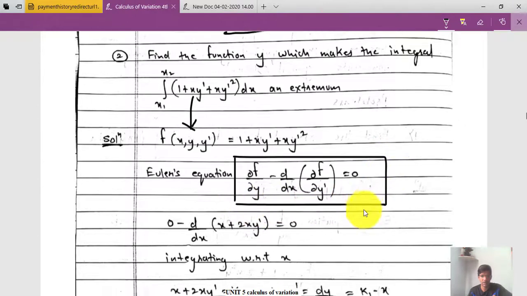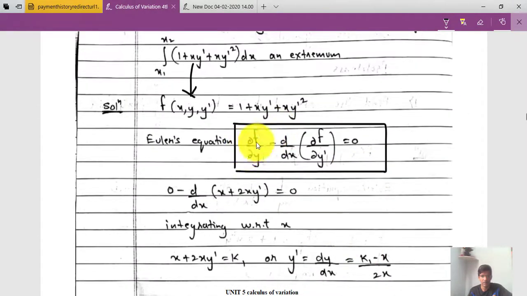Every now and then I am highlighting it. So let me see, it is independent of y, so there is no y term in it, so ∂f/∂y is equal to 0, minus d/dx of the differentiation with respect to y', keeping other factors constant. So here it is 0, here it is x, here it is 2x y'.